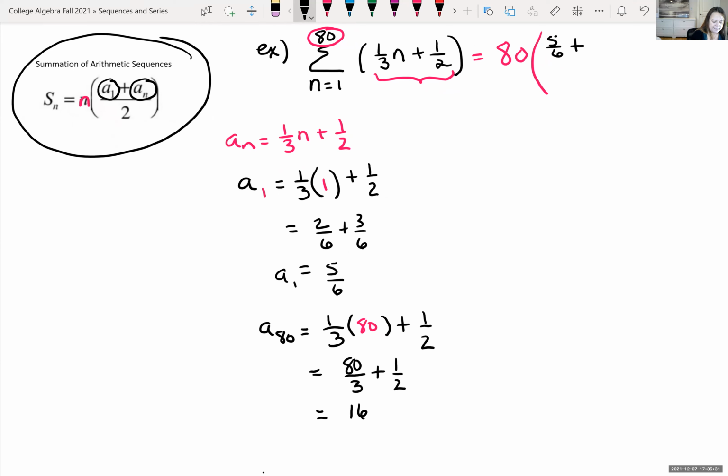So we have 160 over 6 plus 3/6. And this is 163 over 6. So plus the 80th term, which in our case is 163 over 6. And that is divided by 2.